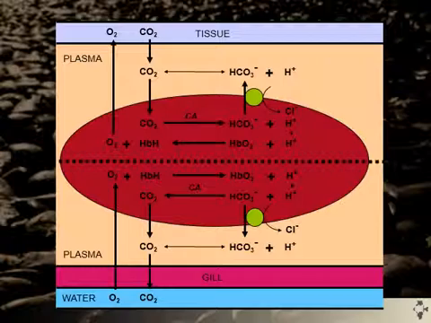Now, again, as I said before, hemoglobin has a greater affinity for oxygen than it has for hydrogen ions, but the bottom line is that if hydrogen ions become exceptionally abundant, there will eventually be so many of those hydrogen ions that they will force the oxygen molecules to become released from the hemoglobin. So even though the affinity for oxygen is greater, that affinity can be overridden by increasing abundance of both CO2 and hydrogen ions.